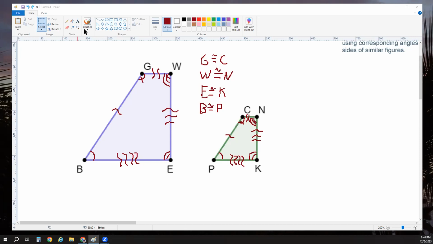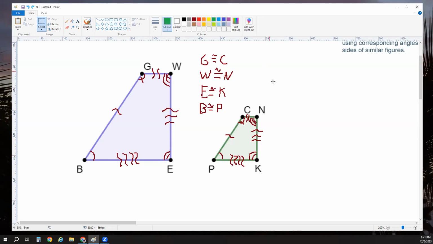So we'll have our purple triangle, our big triangle, and our small triangle, our green triangle. A couple of ways we can set up proportionalities. We'll say we have our small triangle base length over our big triangle base length.